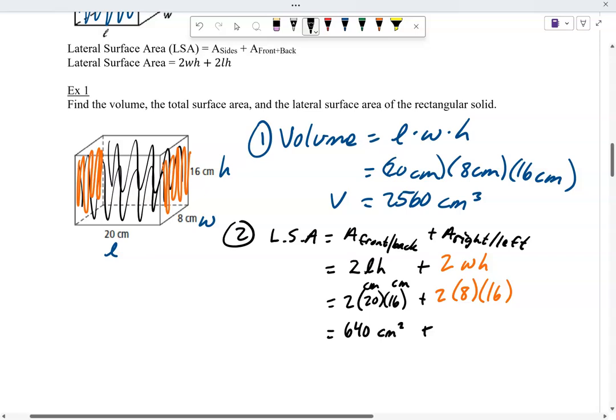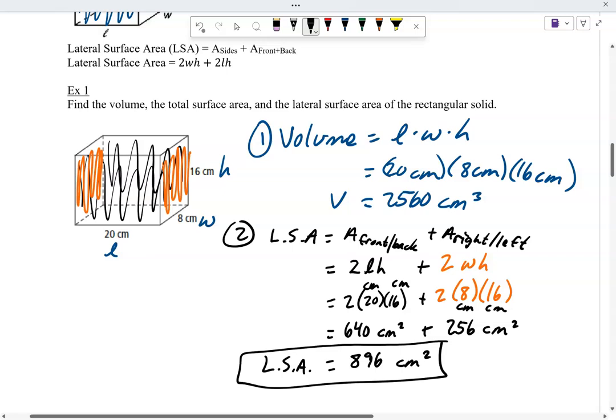And then over here I've got 16 times 16, 256, again centimeters times centimeters, so square centimeters. This is like how much paint you have. And then 640 plus 256 gives me 896 square centimeters. So our lateral surface area, just like area, is in units squared.